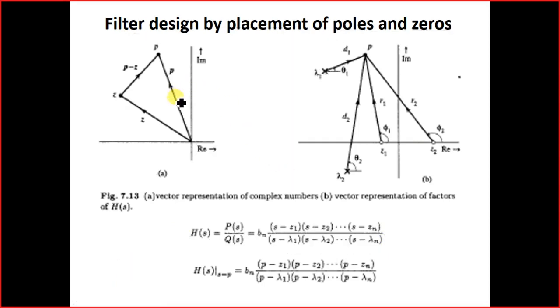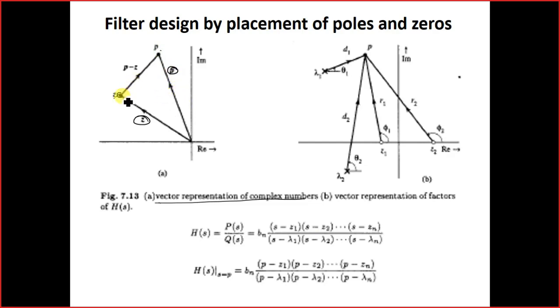Okay, now let's see over here the vector representation of the complex number. I have a point Z, so here this Z is a vector. I have a point P, this P is a vector.